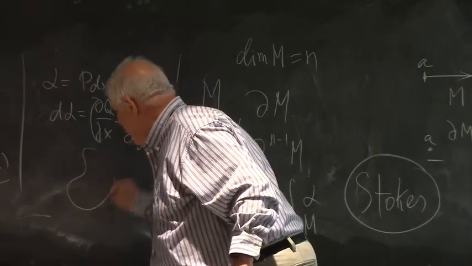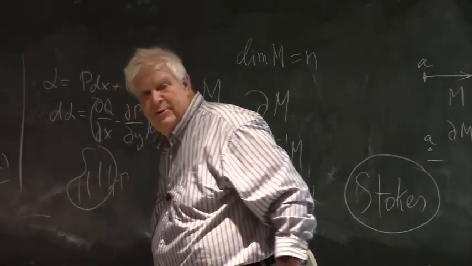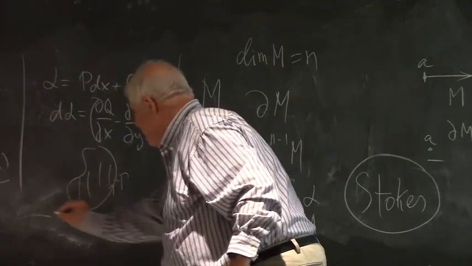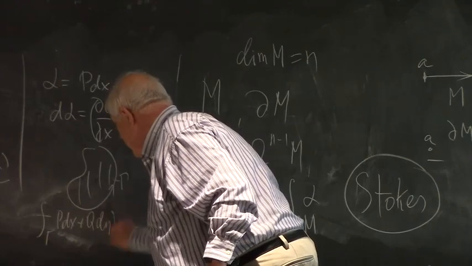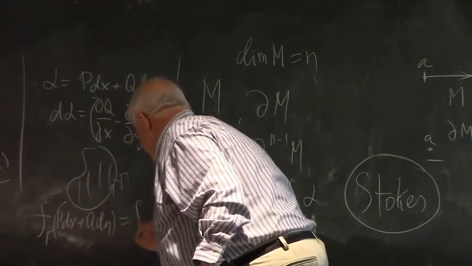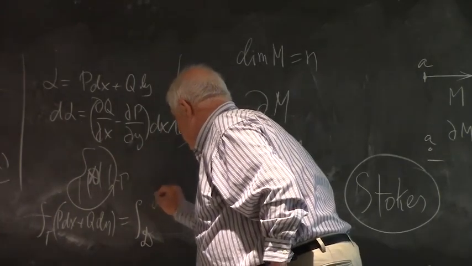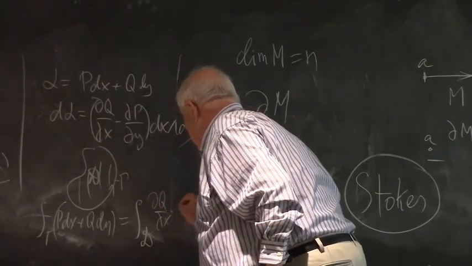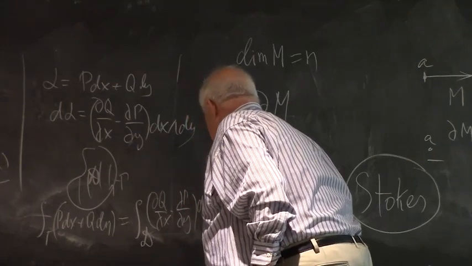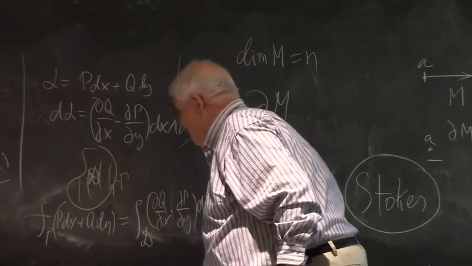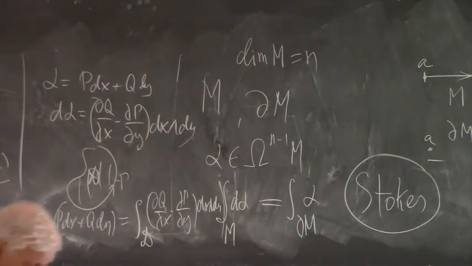And then we have the domain with the boundary gamma oriented. Then the integral over gamma of p dx plus q dy is the same as the integral over the whole domain of this expression. Green's formula also becomes a particular case.